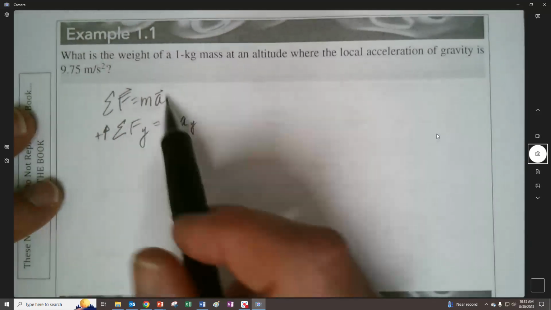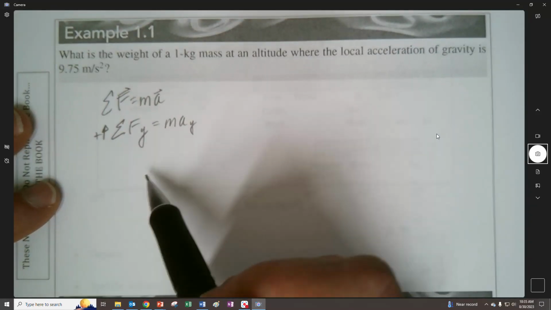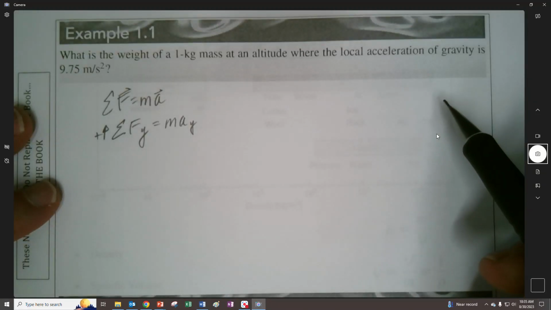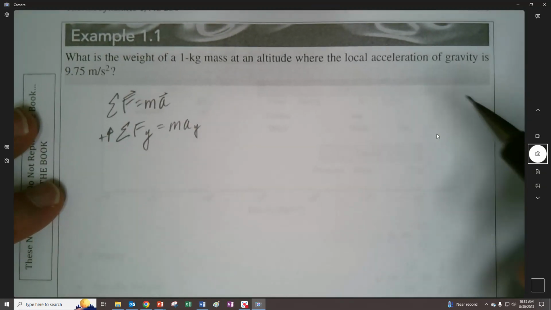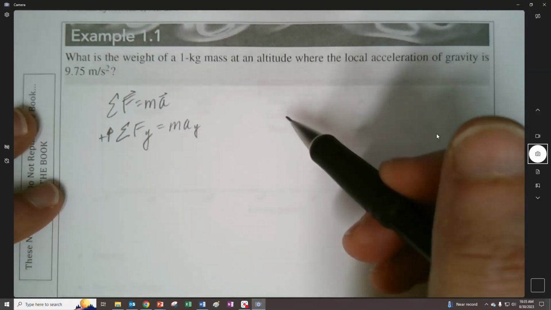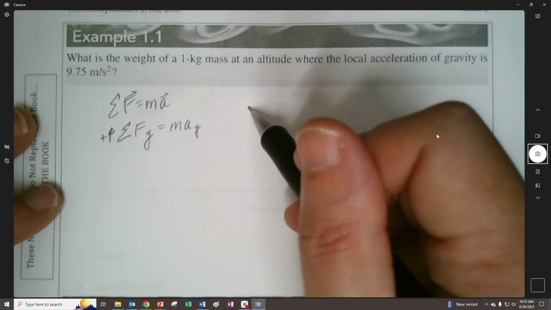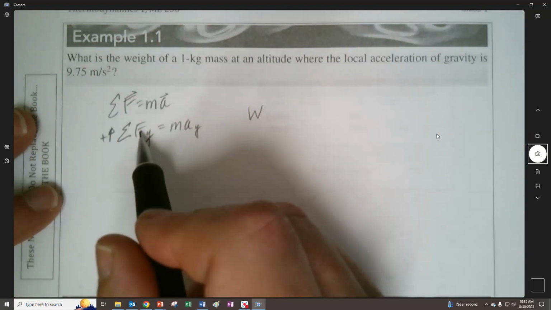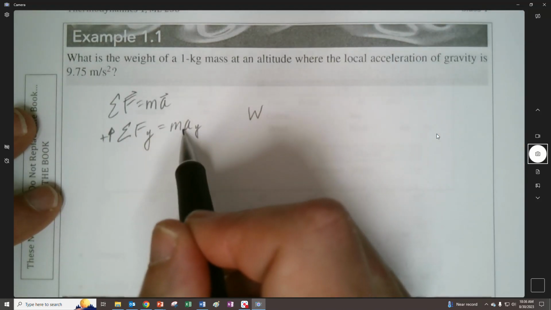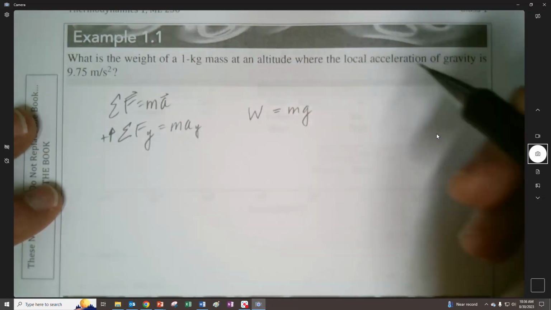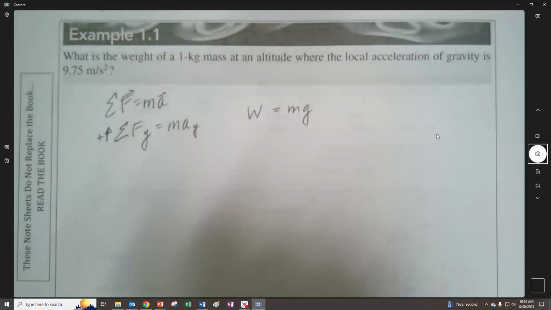This is actually a tough one to use. I really want to introduce my dynamics stuff, but you guys, at least at the University of Hartford, don't take dynamics until the next semester. But anyway, following this idea, the force is going to be mass times gravity. So the weight is mass times gravity, where that's the acceleration we're referring to.